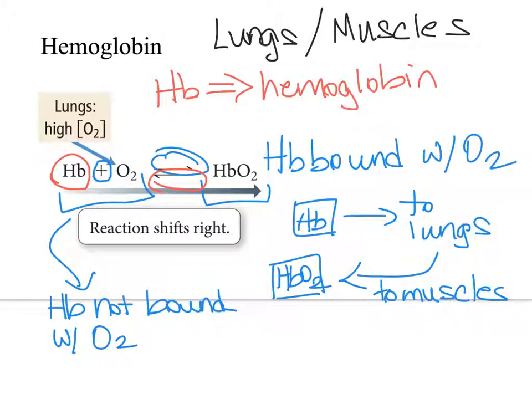Okay, so we're looking at this reaction. You'll see here, shown in the box, that in the lungs there is high oxygen. Oxygen is available to bind. And so when we add more reactant, add R, that is going to shift the equilibrium in the forward direction, or to the right.